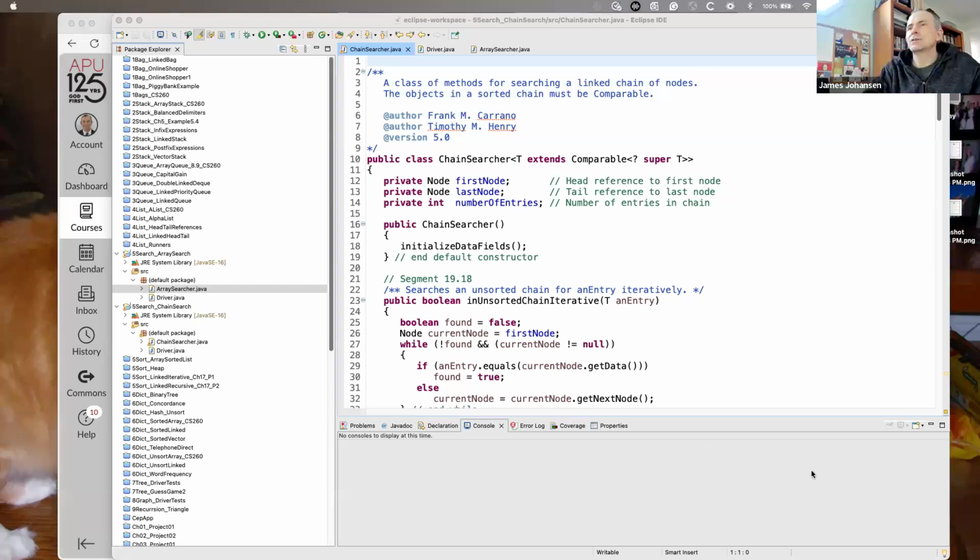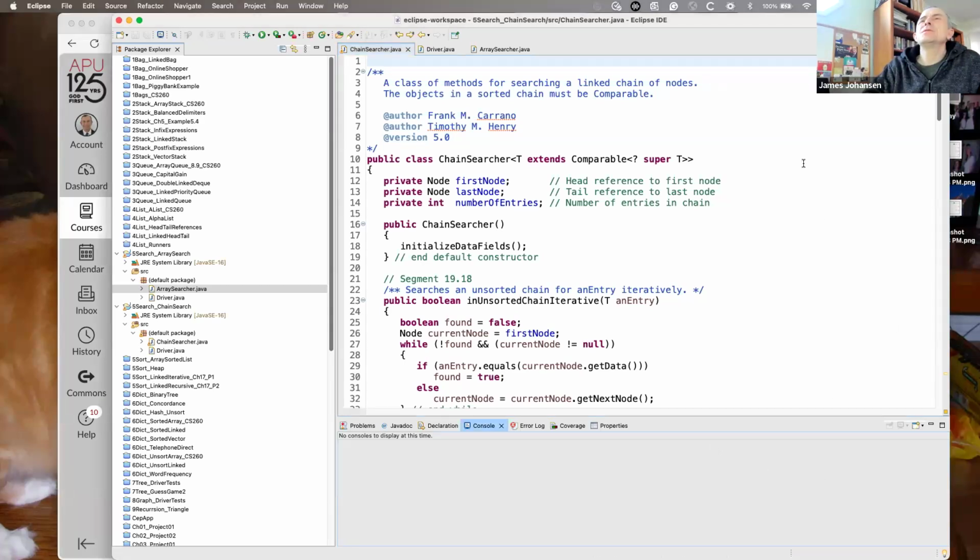Okay, so we talked on Tuesday about this idea of searching. Here are a couple examples of some sample code that we can be thinking about. Let me just make sure that I'm sharing my screen.